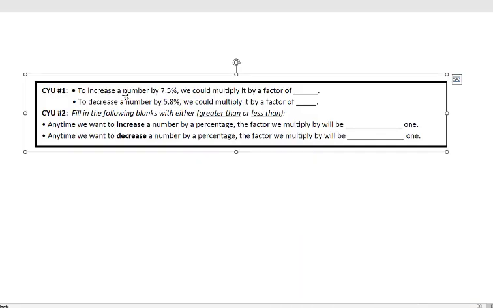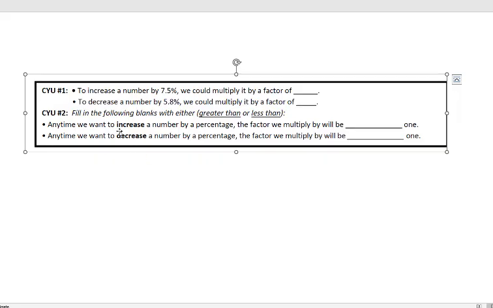Alright, for our number 20, which is our last CYU problem, it says, what do you multiply a number by in order to increase it by 7.5%? And that's called a factor. That's what you multiply it by. And to decrease a number by 5.8%, you multiply it by what number? Right?